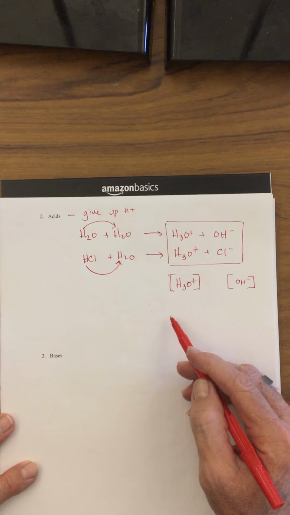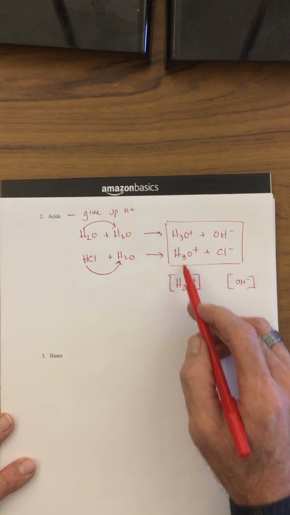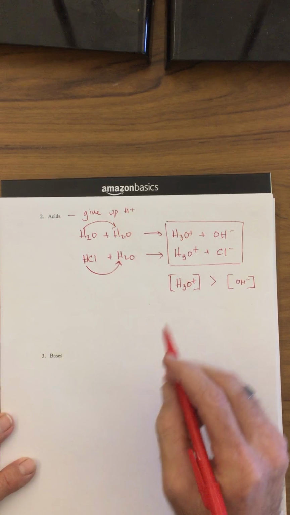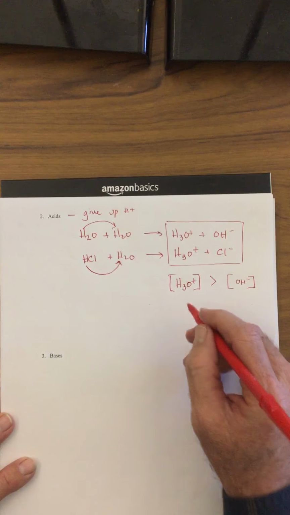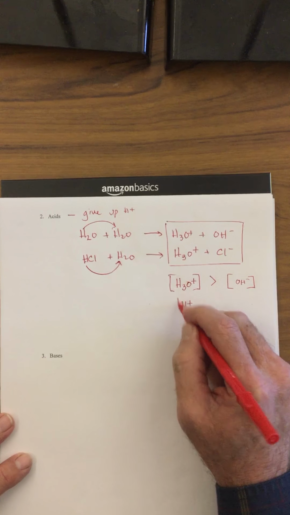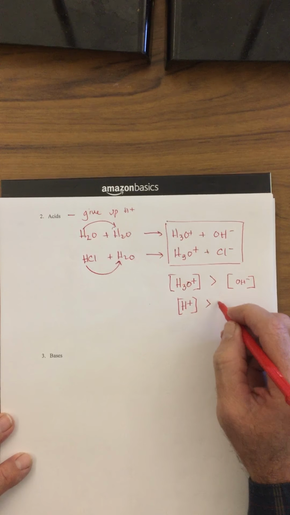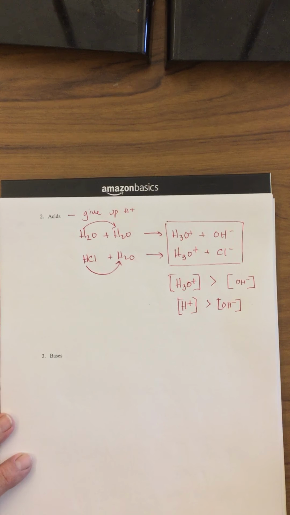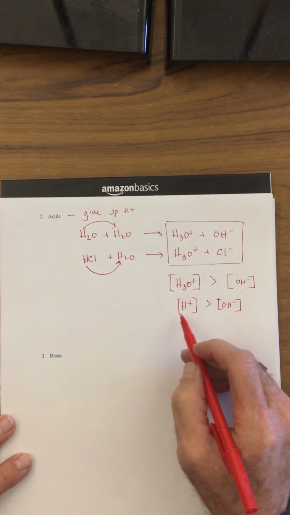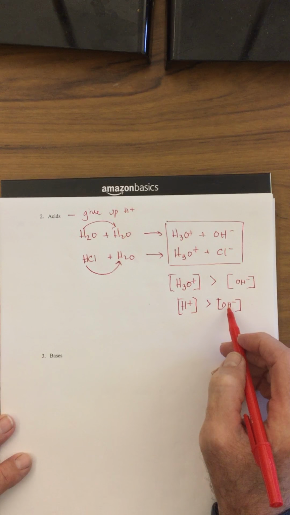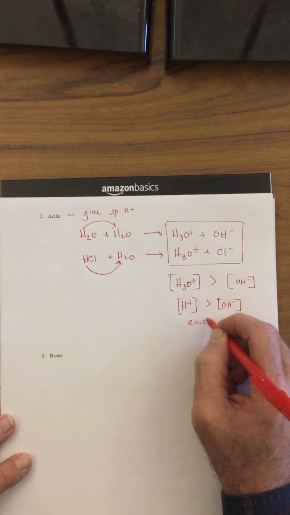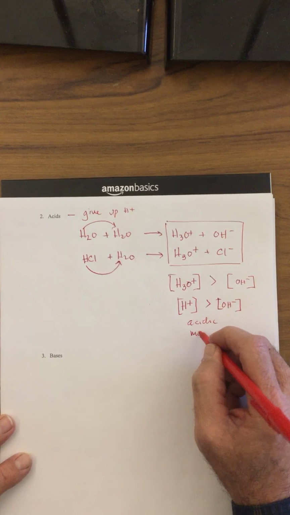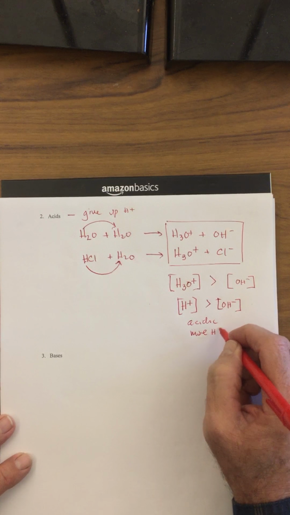H3O pluses or OH minuses? We actually have two of these. We only have one of these. So the concentration of the H3O plus is greater. We can also say the concentration of the H plus is greater than the OH minus. When we have more acid than we do bases, this is acidic. We have more H plus.